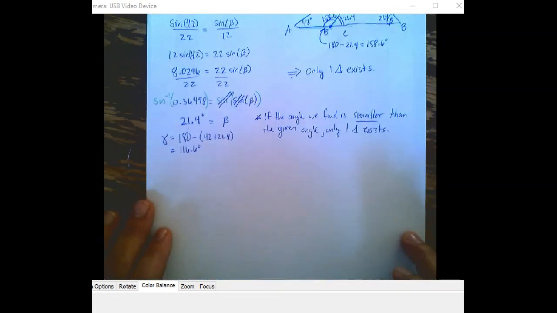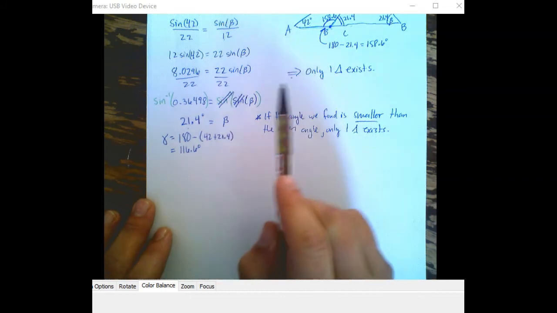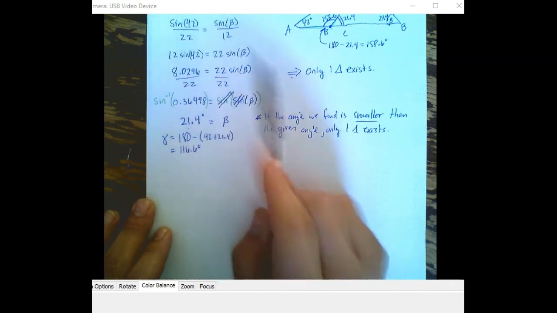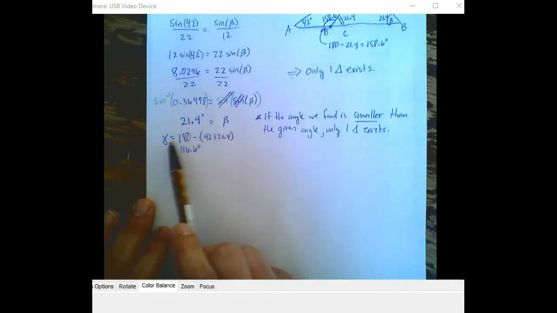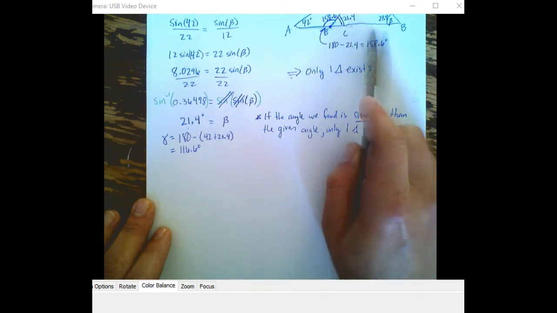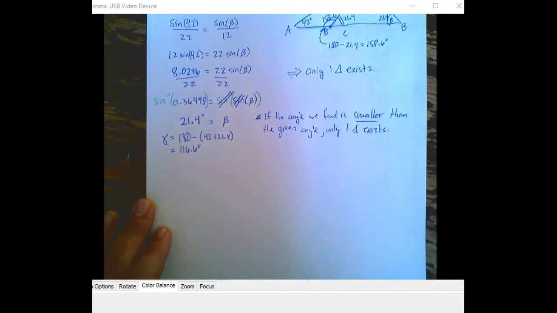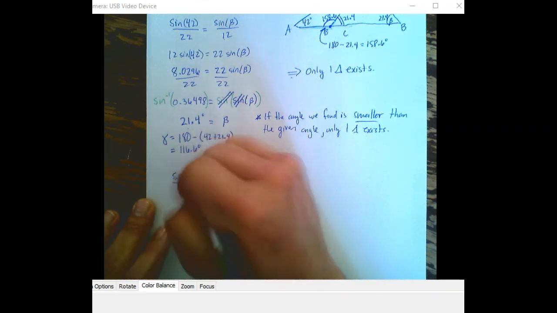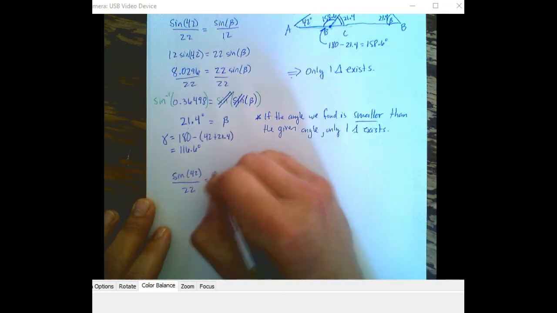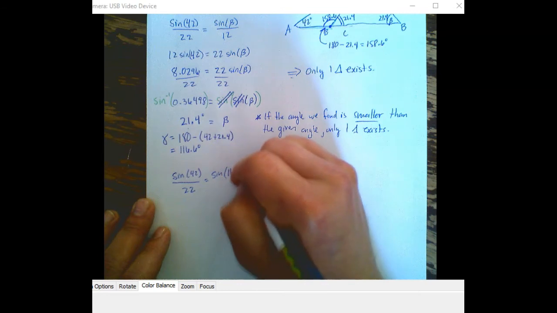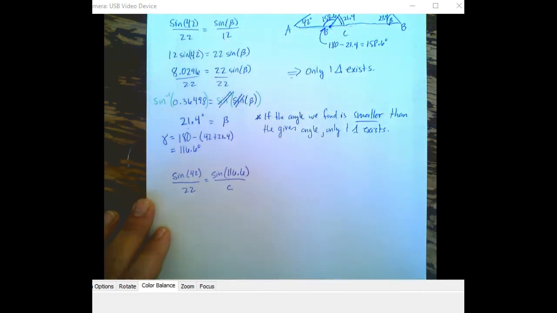Okay? So all we need to do is figure out, so we know two sides already, and we know three of the angles. So all that's left to do is just to find this bottom side C here. So we're just going to do one more round of Law of Sines to get that. So lastly, sine of 42 over 22 equals the sine of the C angle, or gamma, which was 116.6, over little c.